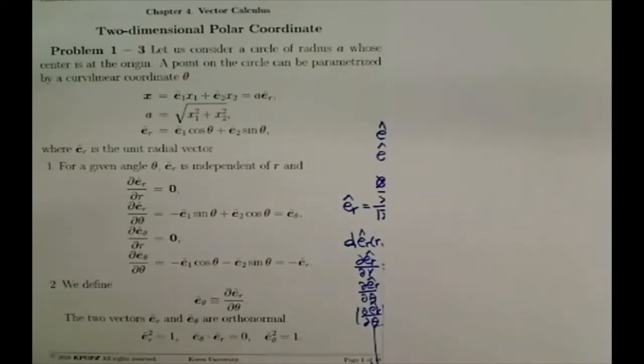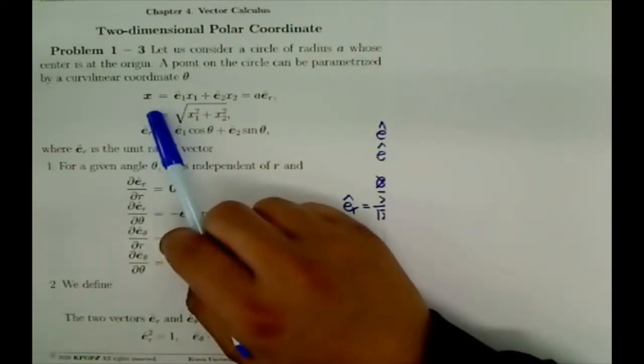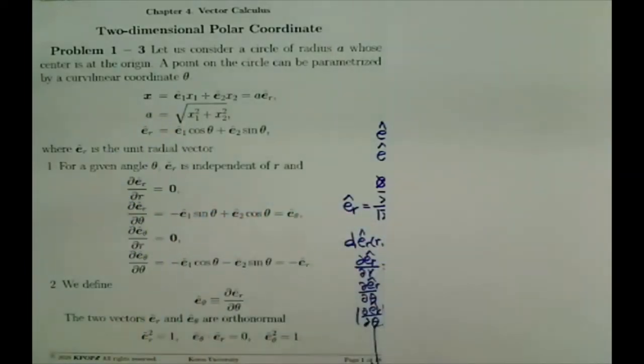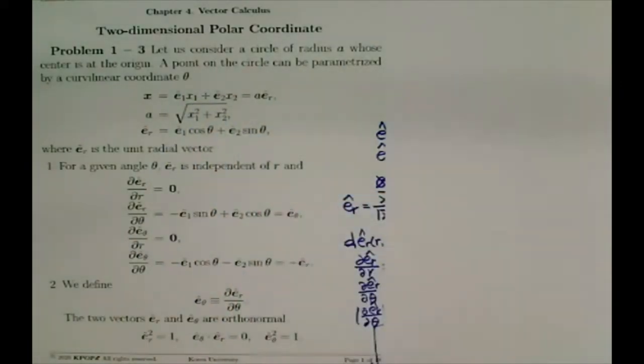And if we want to describe a point in the two-dimensional space, we begin with the Cartesian coordinates, x1 and x2. The unit vectors of x1 and x2 are constant vectors, and the components of this vector x, for the x1 and x2 coordinates, are called the components x1 and x2.